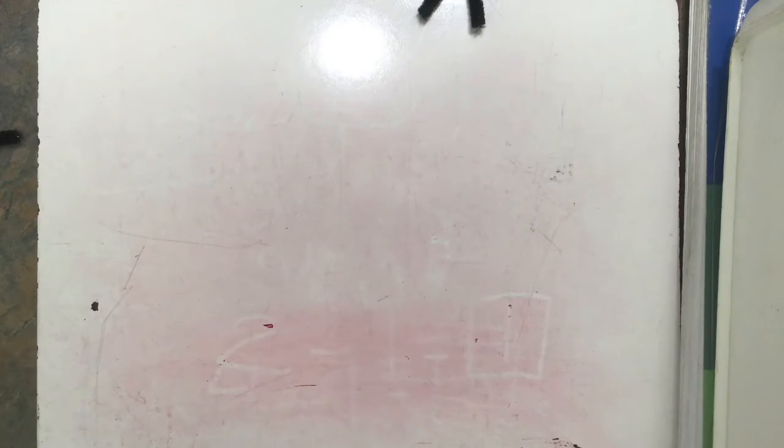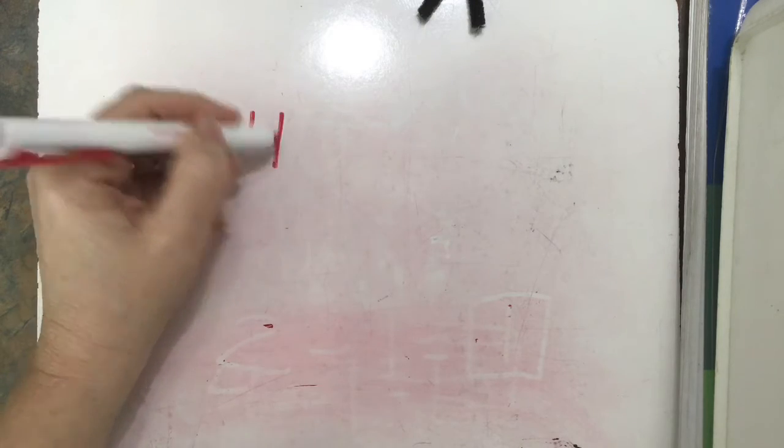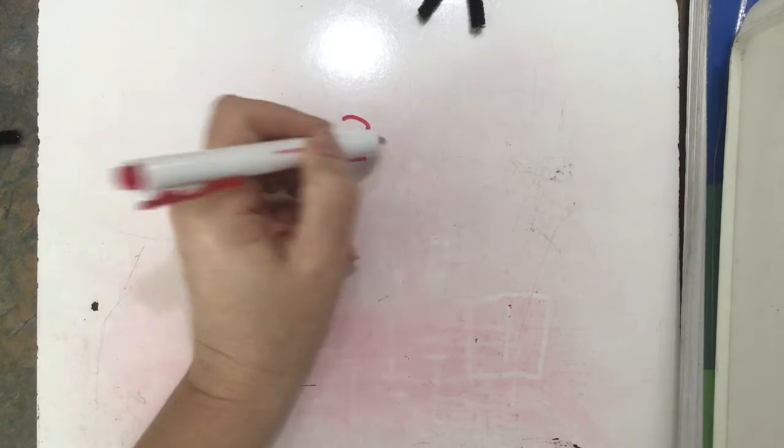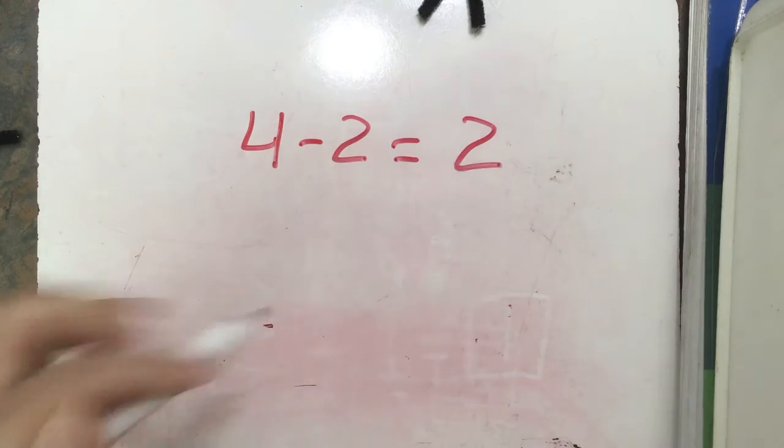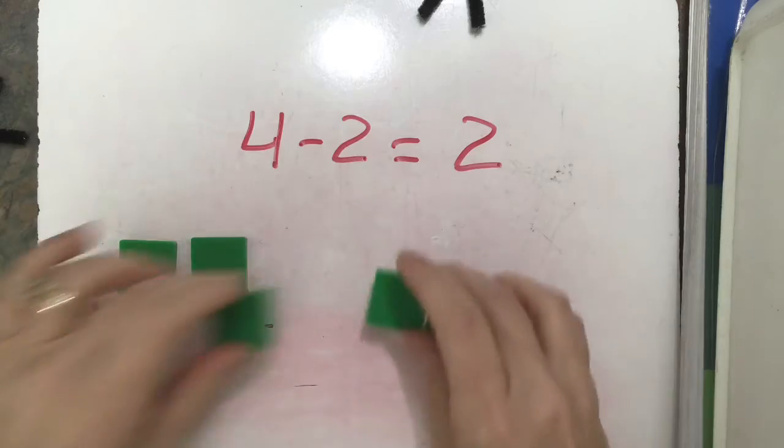They might give you a math sentence like 4 minus 2 equals 2. And then they're going to give you 3 different choices.